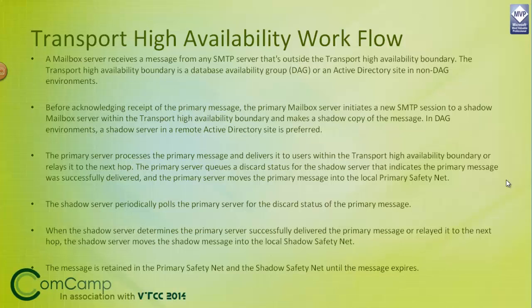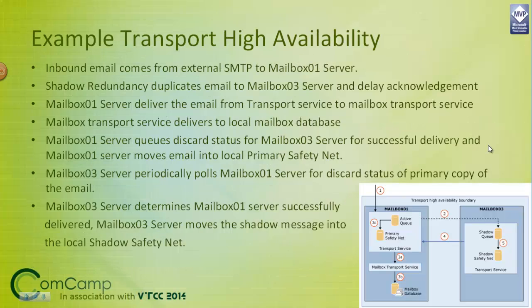The message is retained in the primary safety net and shadow safety net until the message expires. Remember, we talk about the number of days we configure. If you follow the default message expiry configuration on the safety net, it will remain for 2 days. After 2 days, it will be removed from the safety net. Now we'll see an example in the next slide.